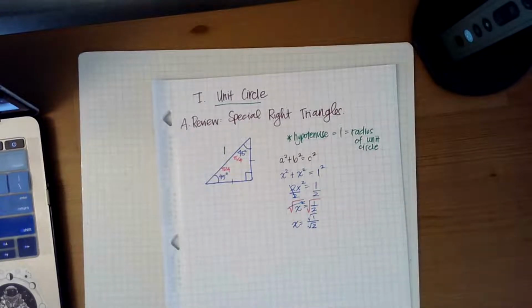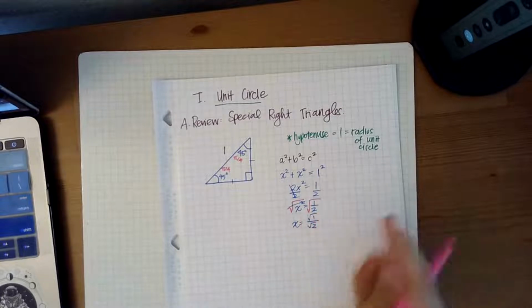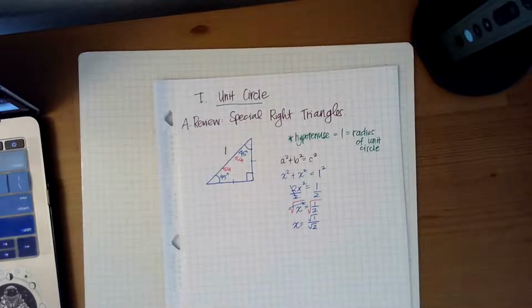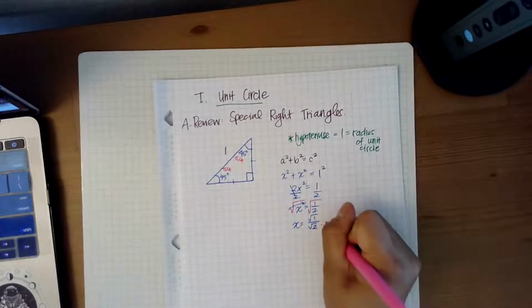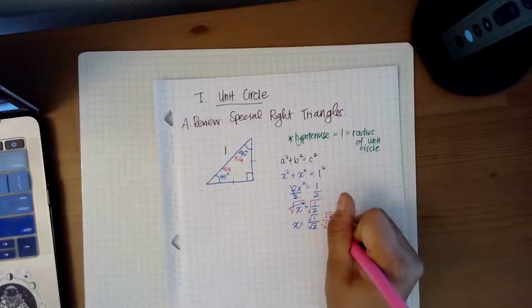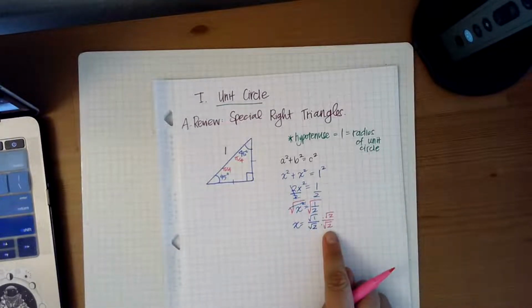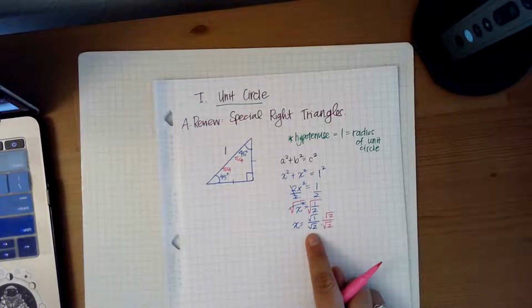I cannot have a radical in my denominator, so I must rationalize that. That means I've got to remove the radical. The only way I can remove this radical is by multiplying both top and bottom by radical 2. Again, I'm not changing the value of this ratio because radical 2 divided by radical 2 is just 1, so I'm just changing its appearance.